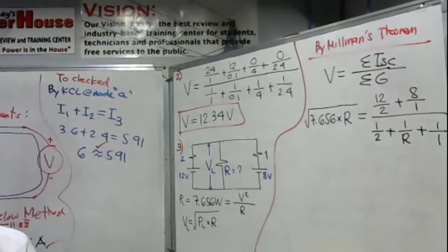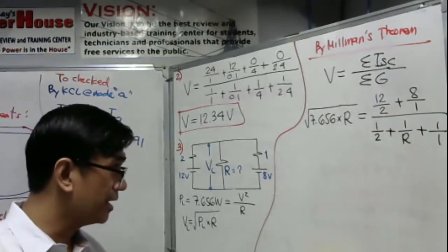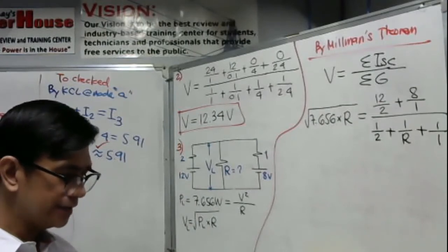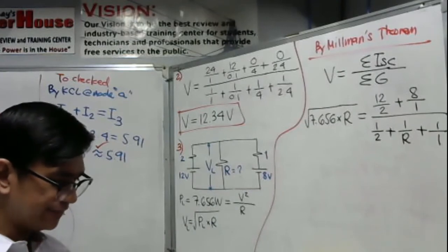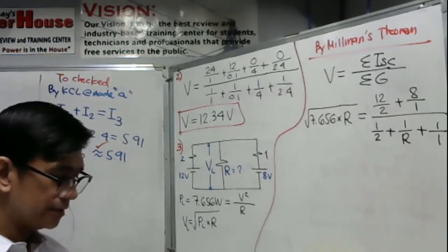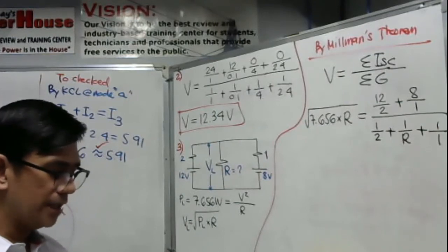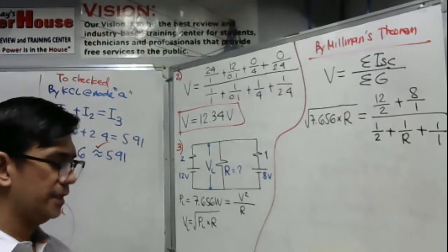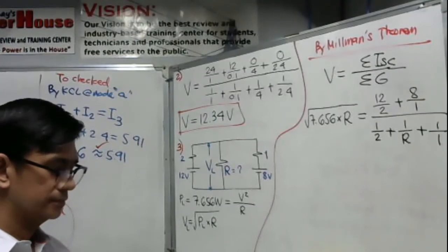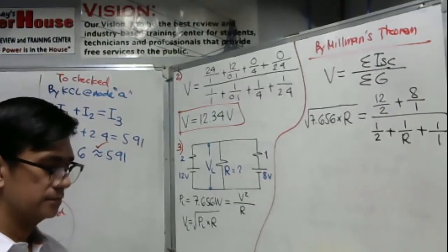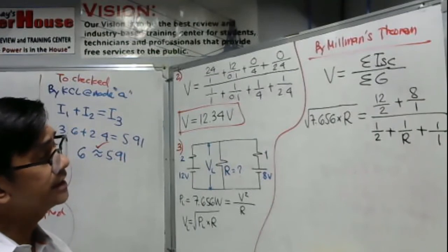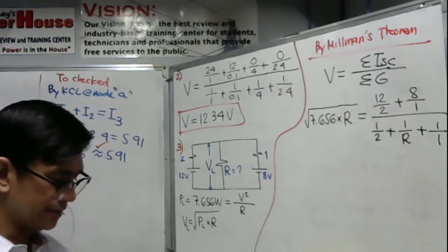We can make use of our calculator. So, let us use our powerhouse calculator techniques. We have the square root of 7.656, then we have R. Make it as variable X in our calculator. 12 over 2 is 6, plus 8, so 6 plus 8 is 14.